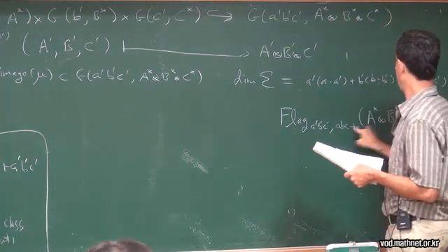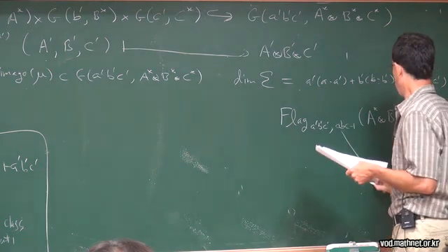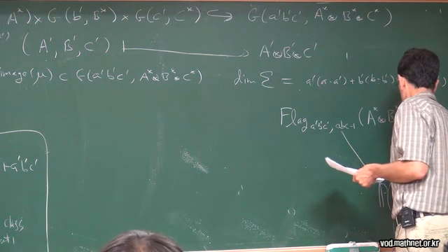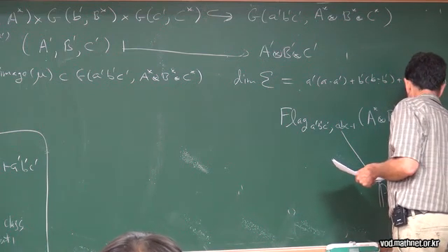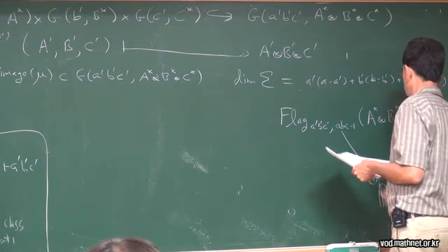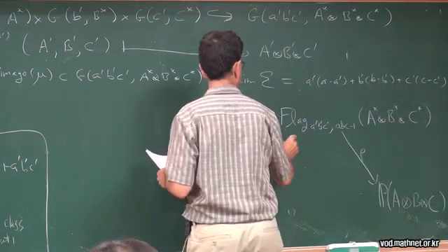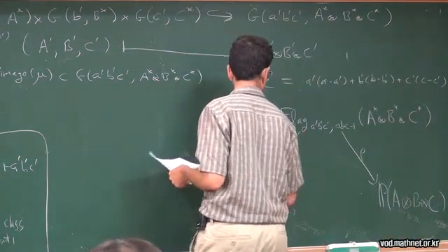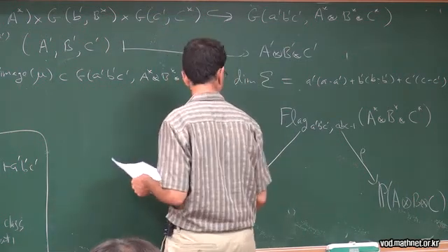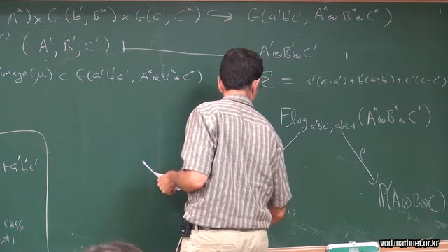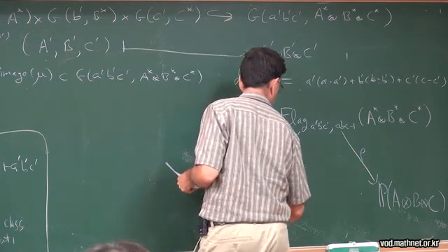A hyperplane inside the dual space is the same as a point in the original space. And of course, this space also projects onto the Grassmannian of A'B'C' planes inside here.